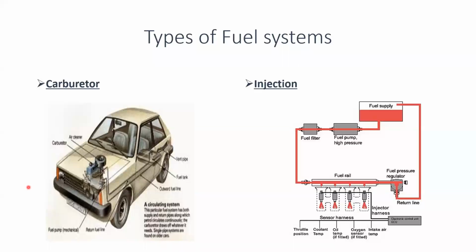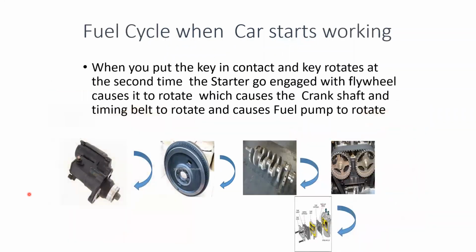Because of that, the carburetor system became very popular as it is cheap and easy to work with. But the image shown on your right is actually an electronic fuel injection system. So we'll move into how the fuel system works. Okay, before we go ahead and start, we need to talk about one more thing.